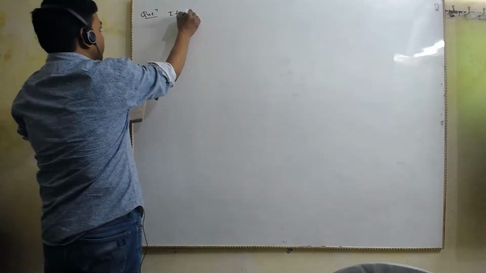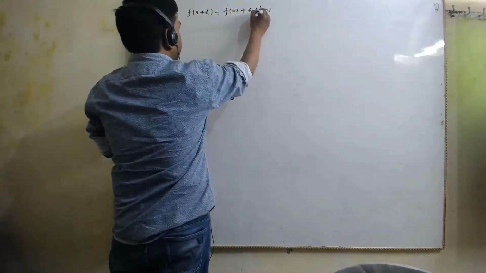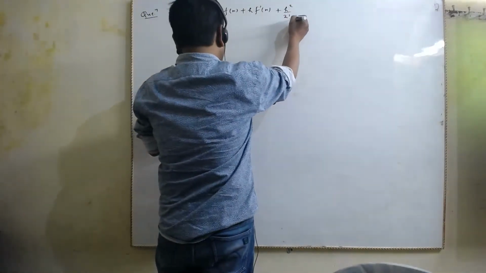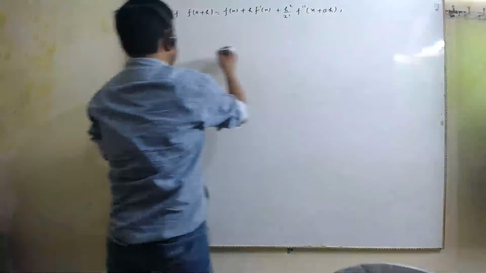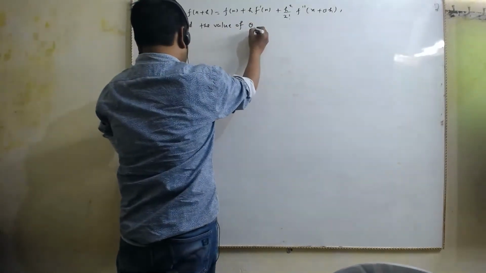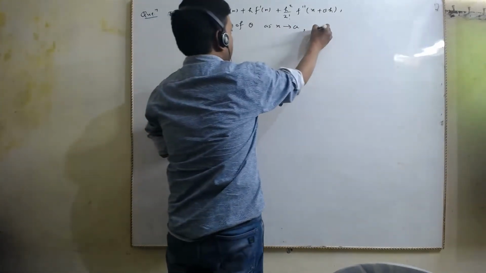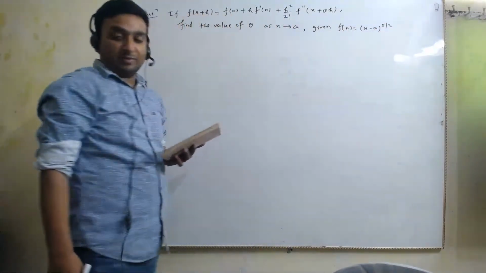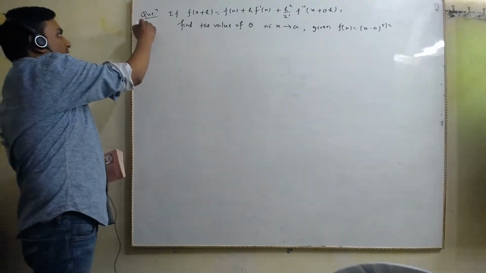If f of x plus h equals f of x plus h into f dash x plus h square by factorial 2 f double dash x plus theta h, then find the value of theta as x tends to a, given f of x minus a equals x minus a ka power 5 by 2. Okay, Prakhar. So that is a homework question for you.